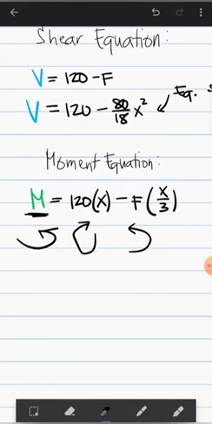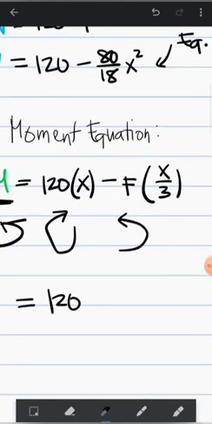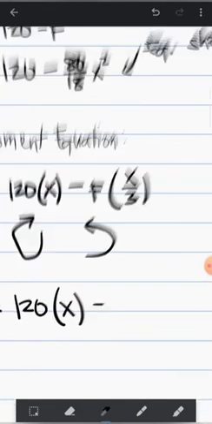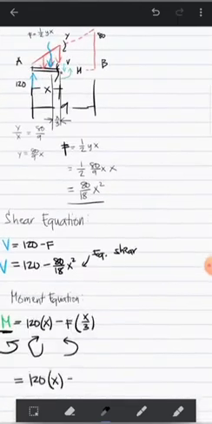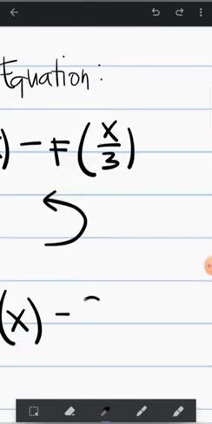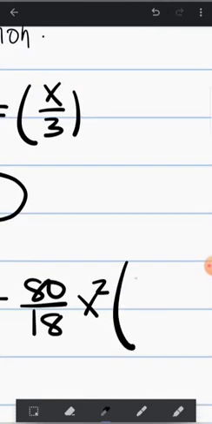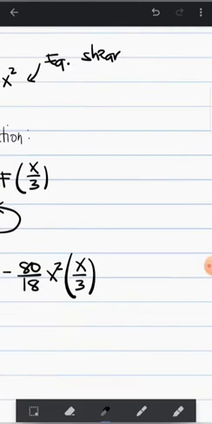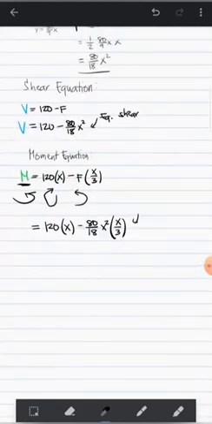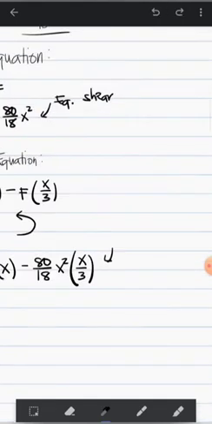But then, we already know what x/3 is. And what is F? F is this one, 80/18 x squared. So 80/18 x squared times x/3. So this is our moment equation.